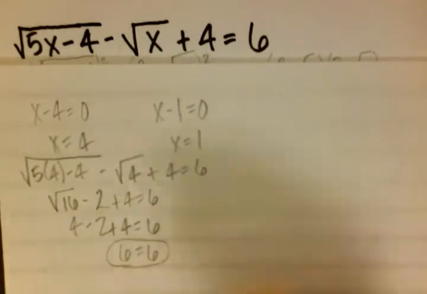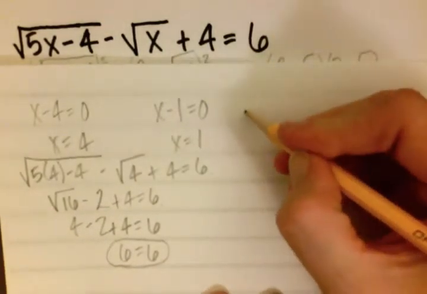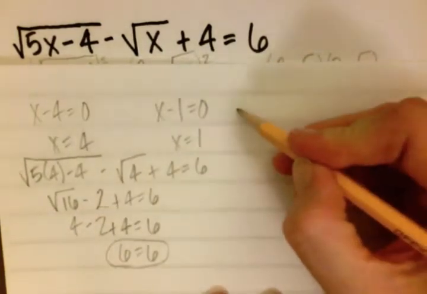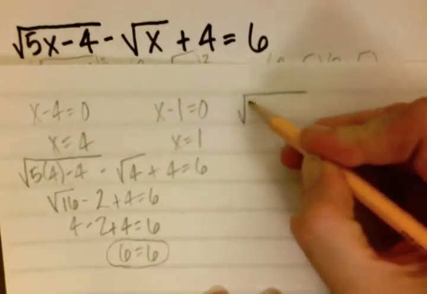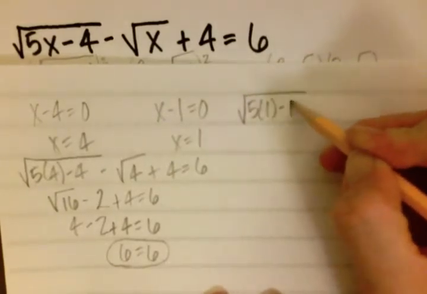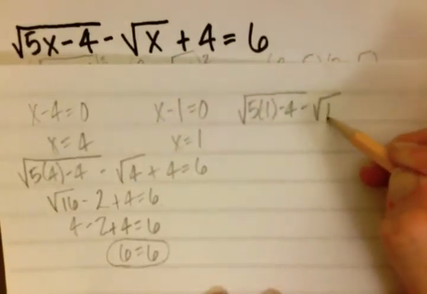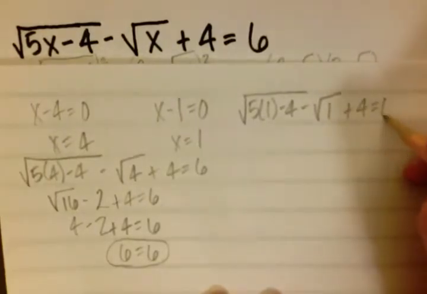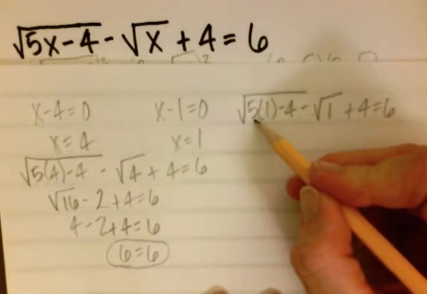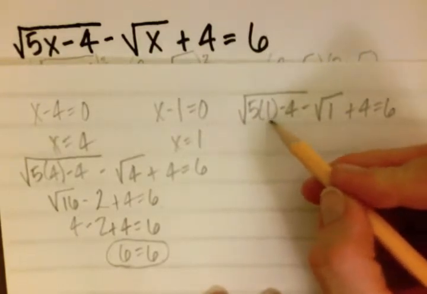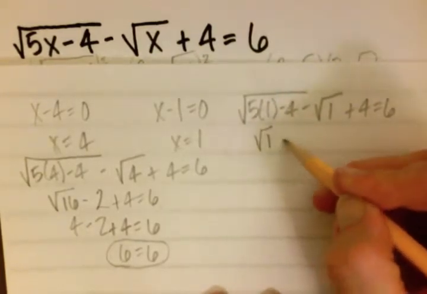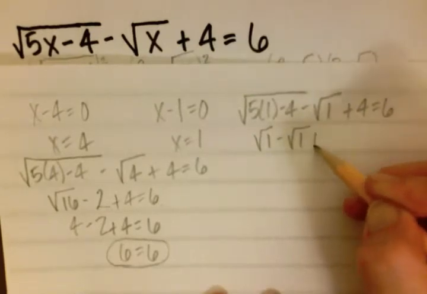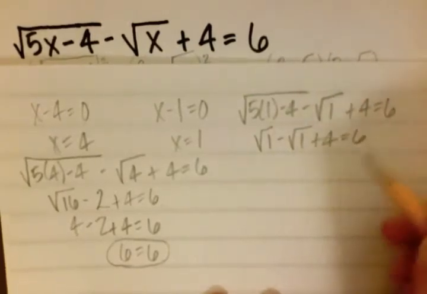So let's go ahead and check the 1. We can go 5 times 1 minus 4 minus the square root of 1 plus 4 equals 6. 5 times 1 is 5 minus 4 is 1, so we have the square root of 1 minus the square root of 1 plus 4 equals 6.